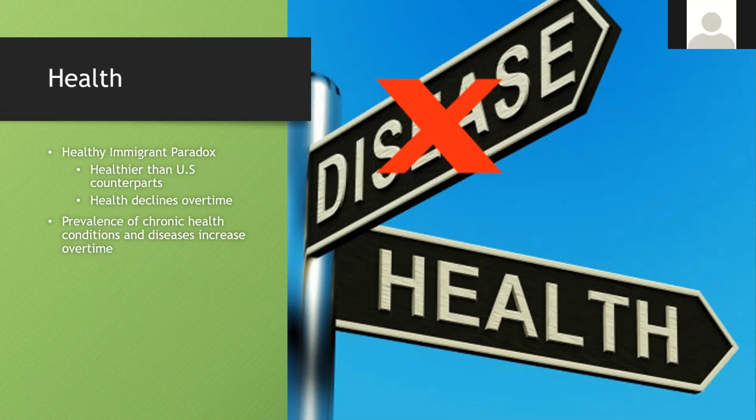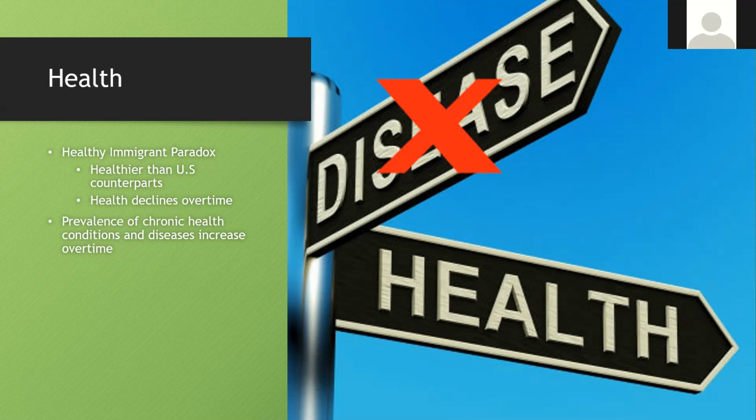And with the healthy immigrant paradox, though they might be healthy when they first come, over time their health outcomes deteriorate and begin to reflect that of the host country.